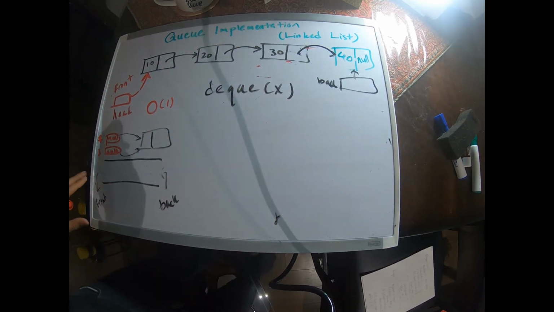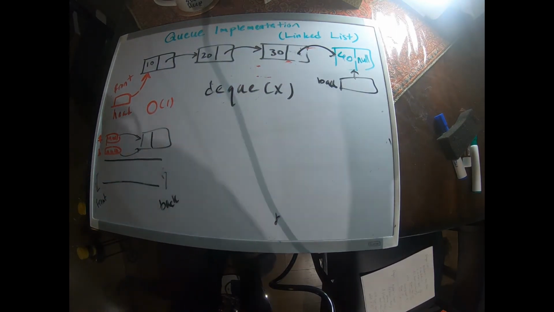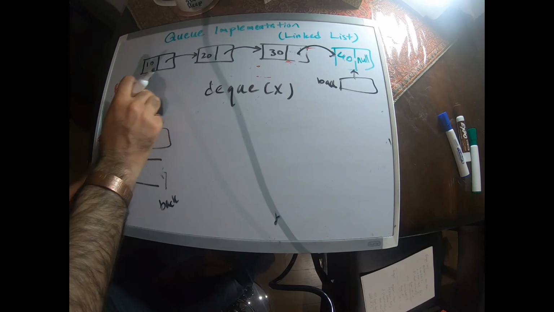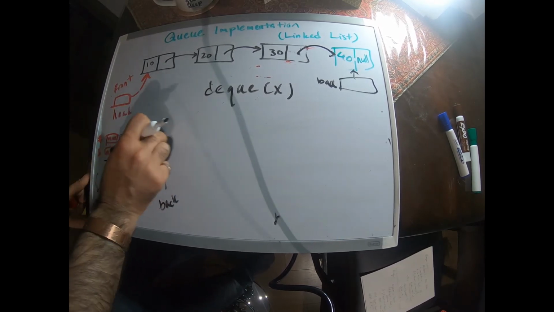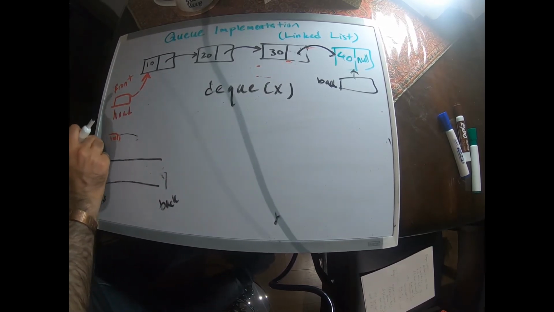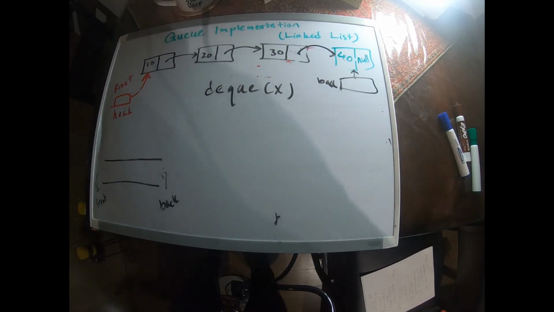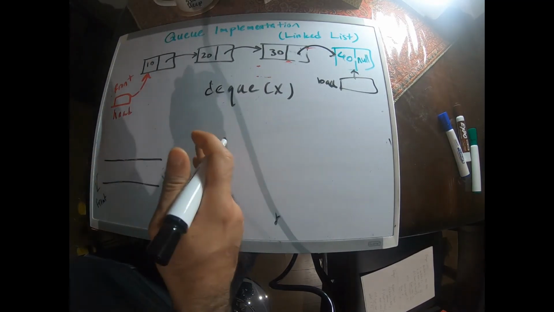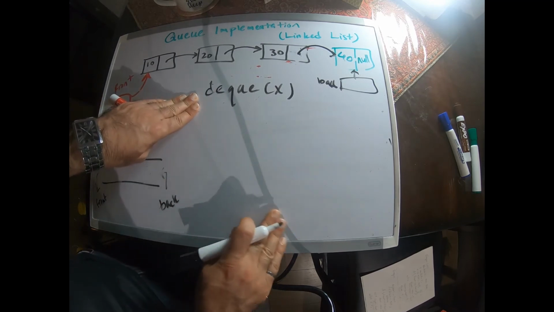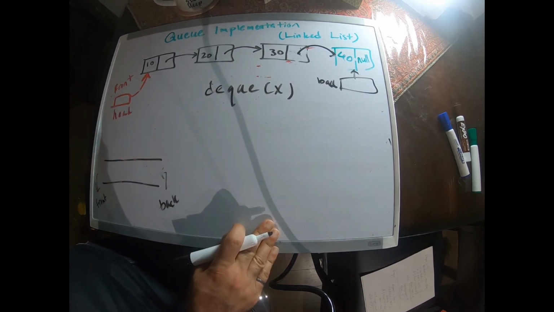Okay, so for dequeue, when you want to dequeue, first of all, we have to check whether our linked list, or our queue, is empty or not, right?